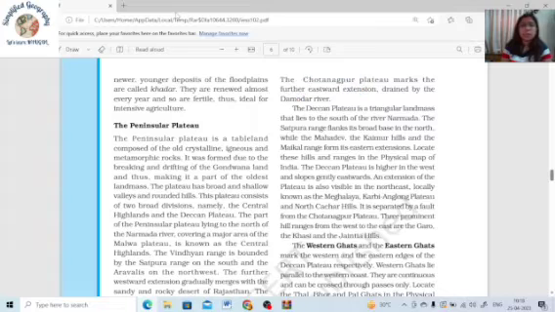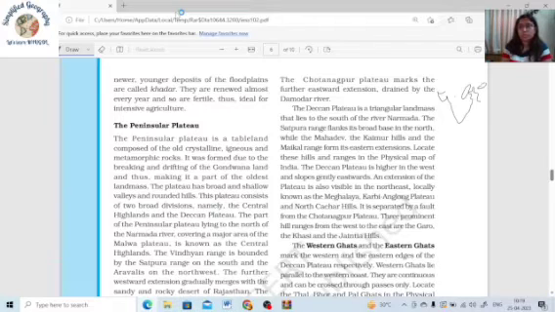First, let us see where Chotanagpur Plateau is. If I am trying to draw the map of India, in this particular location we find Chotanagpur Plateau.